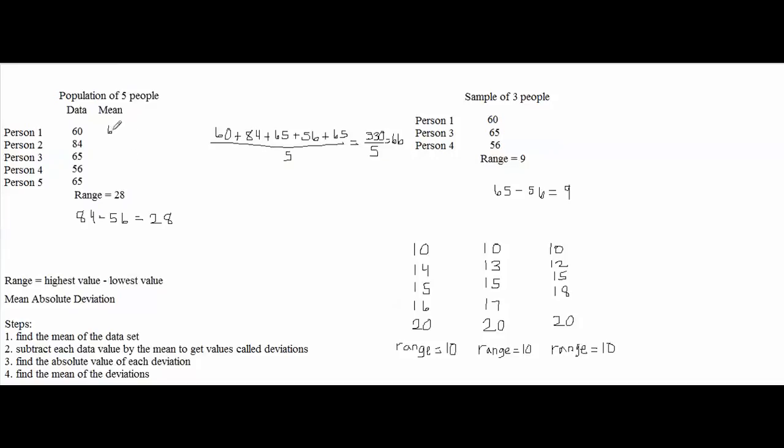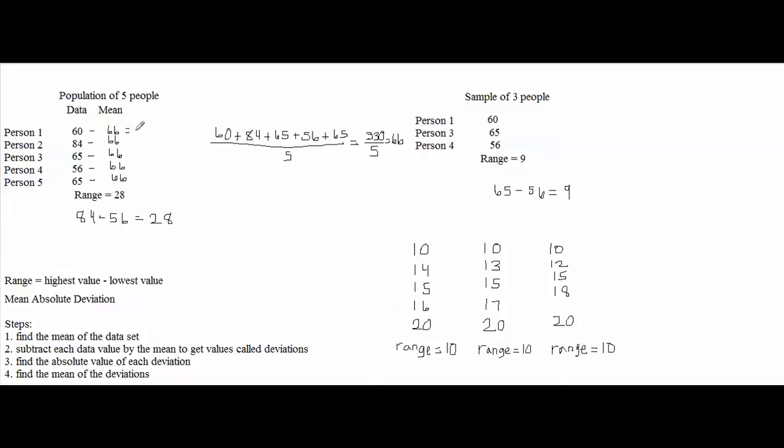The reason I wrote the word mean right there is to show that each number I'm writing in this column is just the mean of 66. Let's subtract all of these.